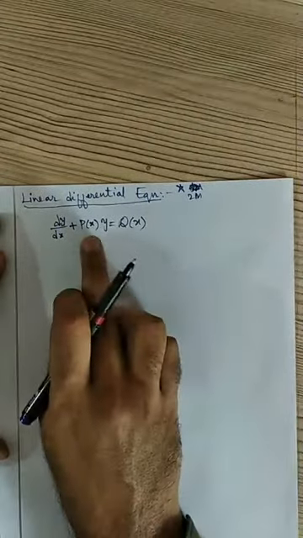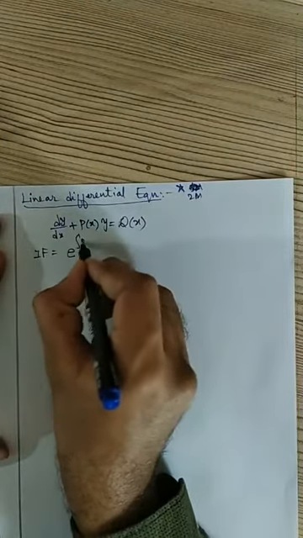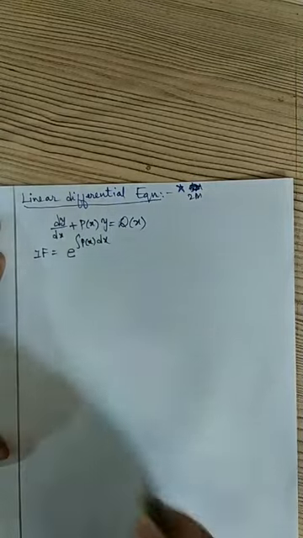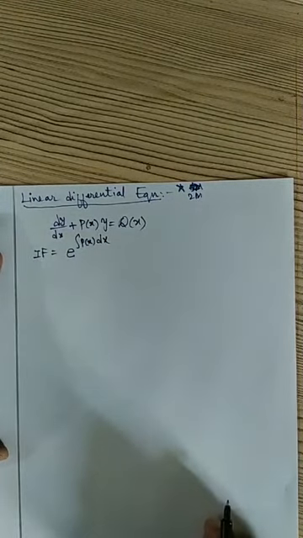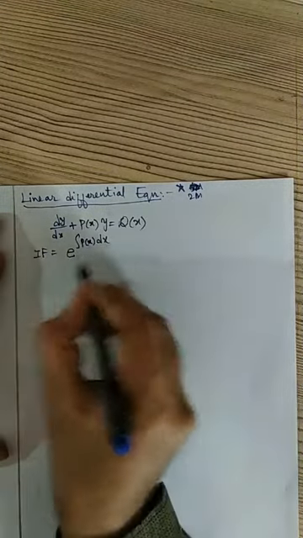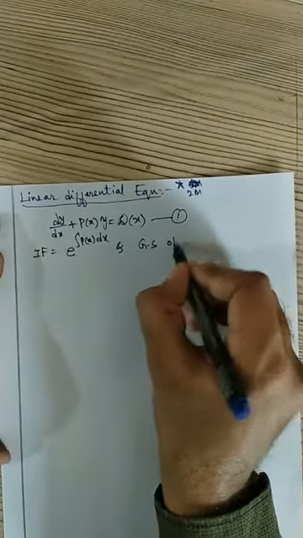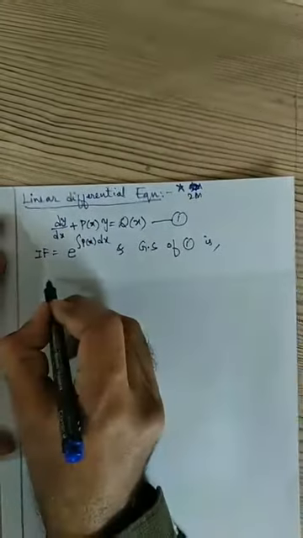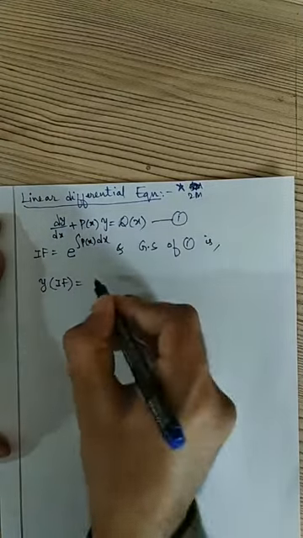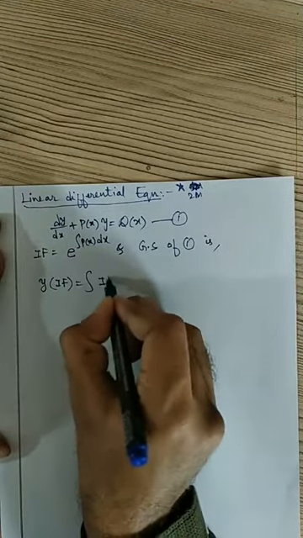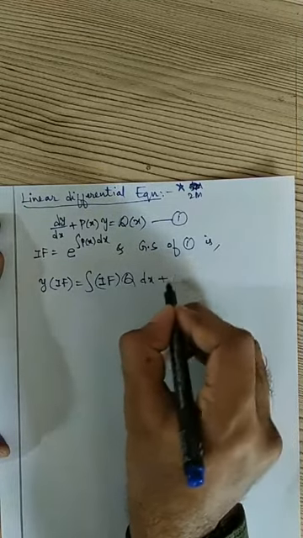If the equation is of this form, then the integrating factor for this is given by e power integral p of x dx, right? First we have to find the integrating factor, which is given by e power integral p dx, and the general solution, you consider this as 1. The general solution of 1 is given by y into integrating factor equal to integral of integrating factor into q dx plus c.